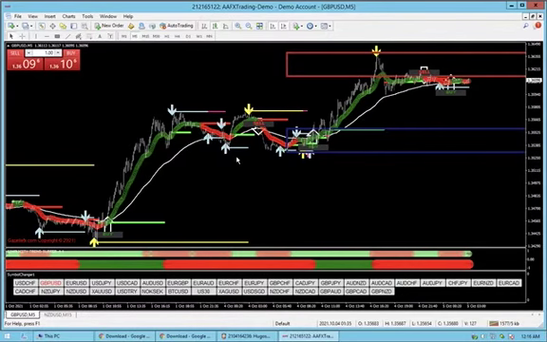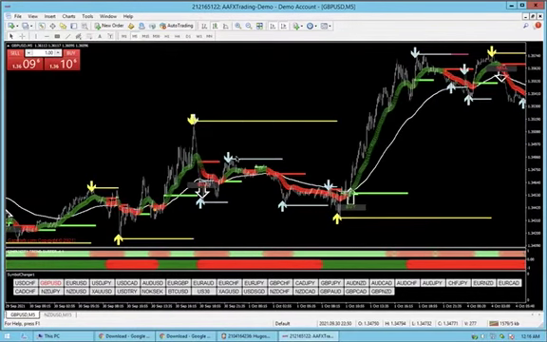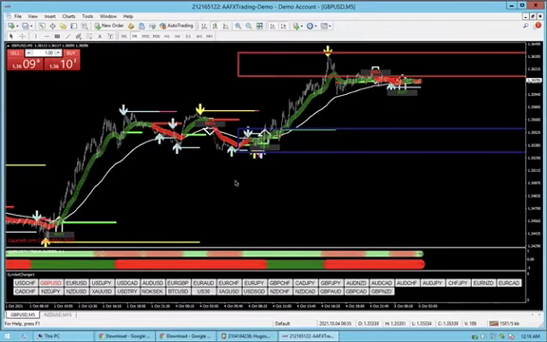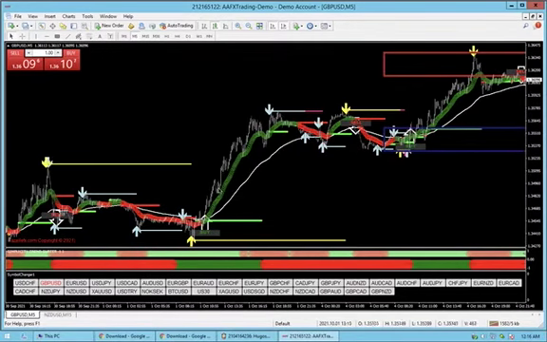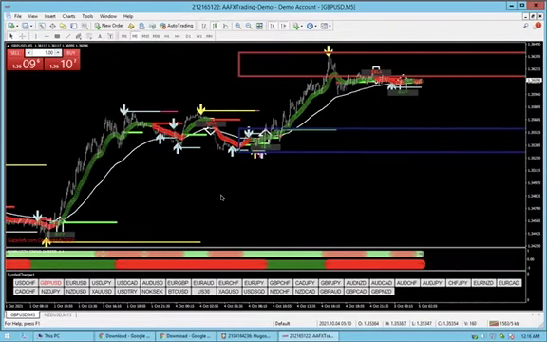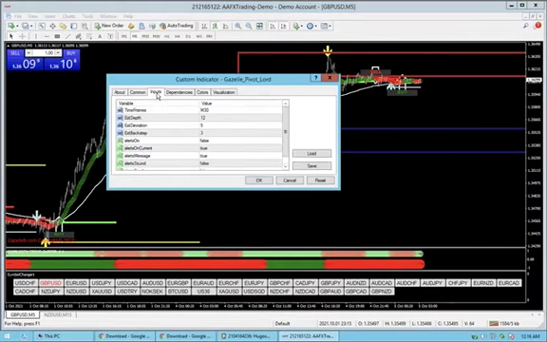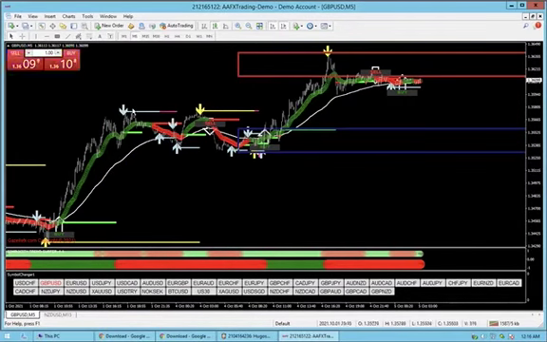So as you can see, when you zoom out, you can see the 30-minute, it's hot pink, the blue, and you see the yellow.